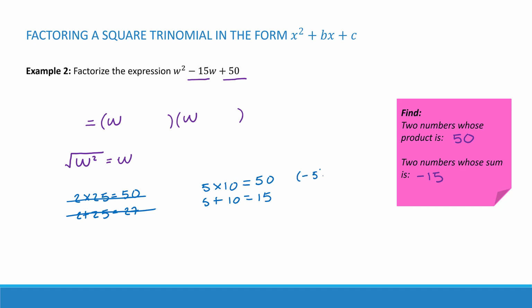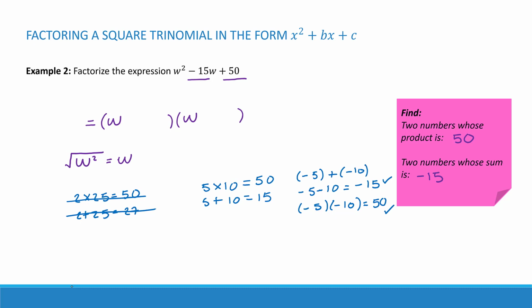Minus 5 plus minus 10. That is the same as minus 5 minus 10. And it gives us minus 15. That is the number we need. Now let's try the multiplication. Minus 5 times minus 10 gives us positive 50.